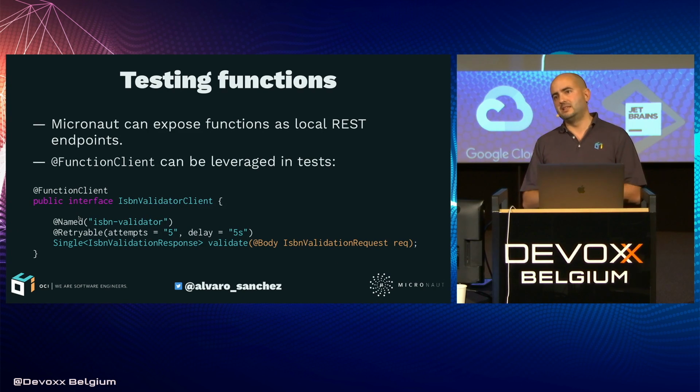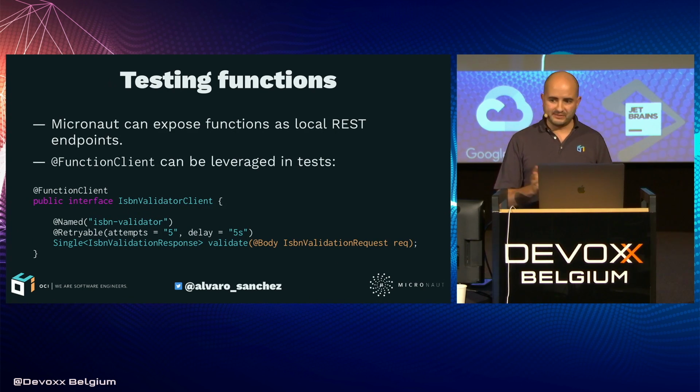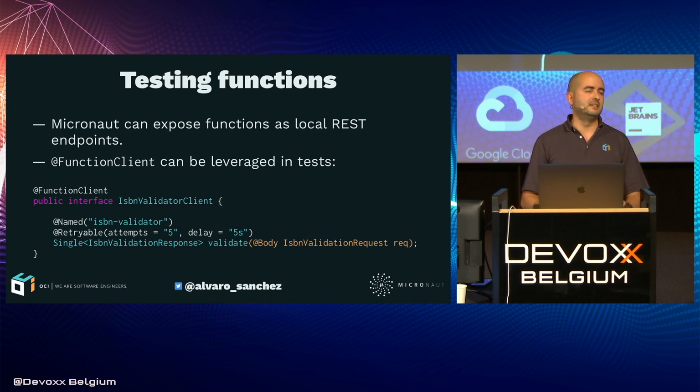There are many things in the framework which I don't have time to explain. But for instance, one of the cool things is the circuit breaker pattern we have. We support Hystrix actually, if you want to use it.